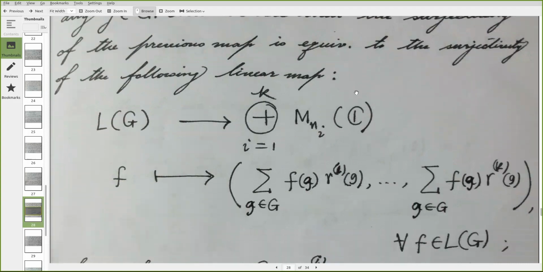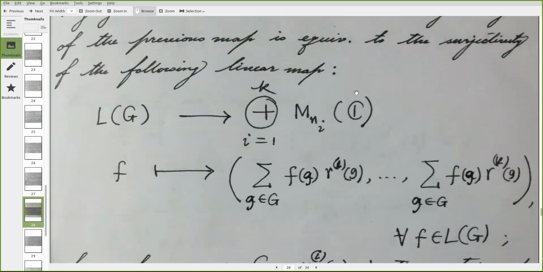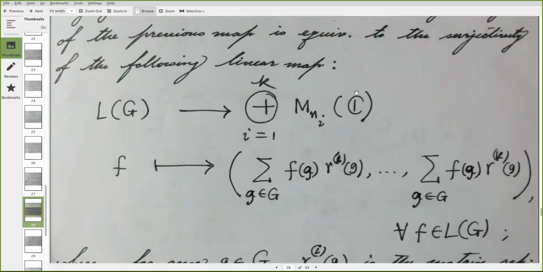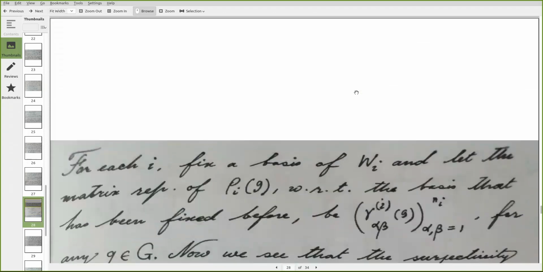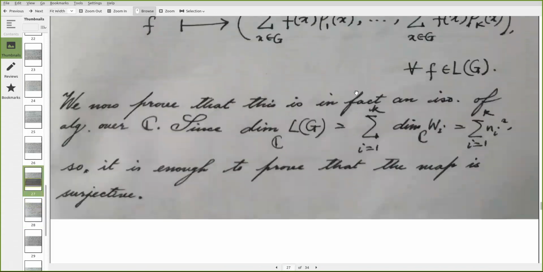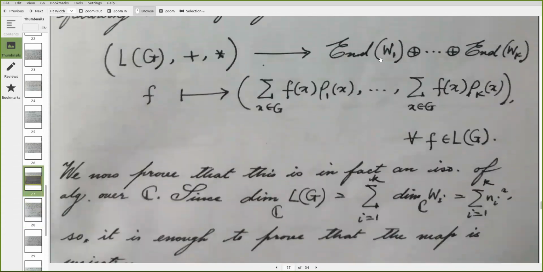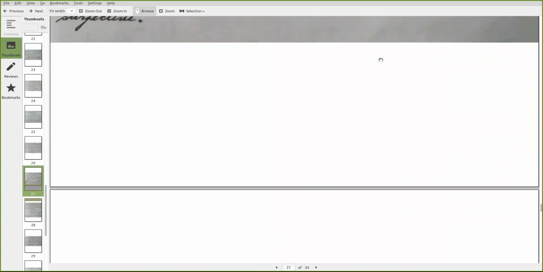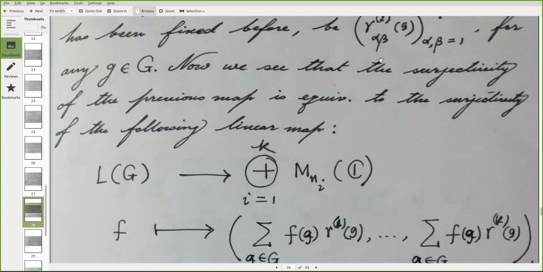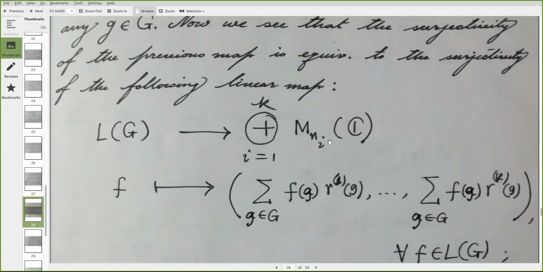And once we have done that, the surjectivity of the previous map that we desired to prove is now equivalent to the surjectivity of this map. Here, from the direct sum of endomorphisms of W_i, we take the matrix representations and come here.